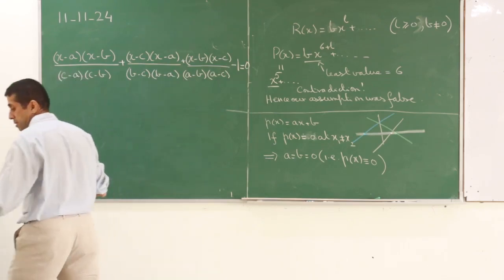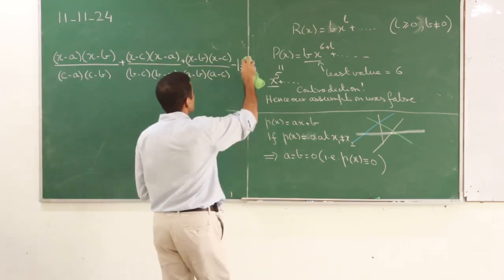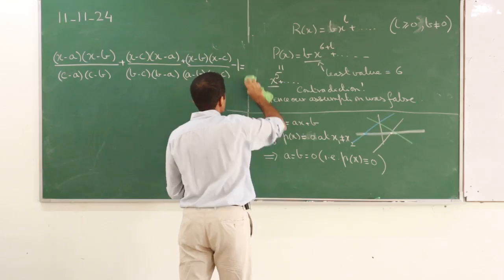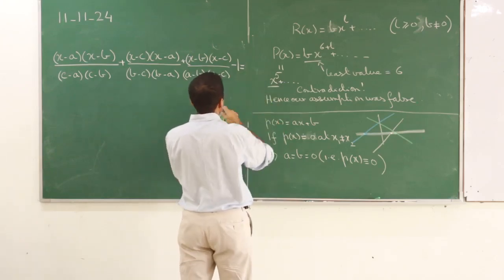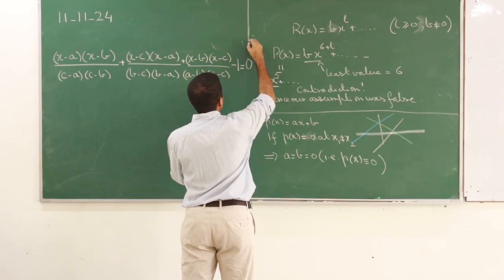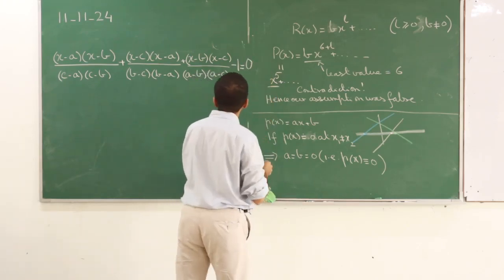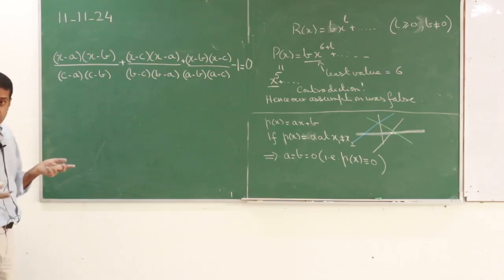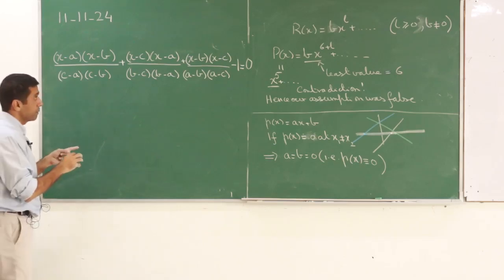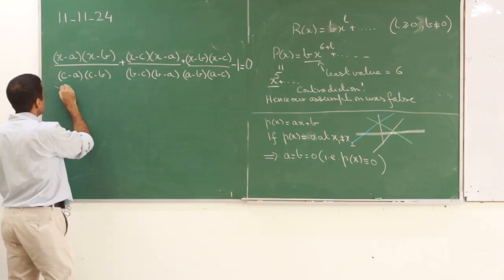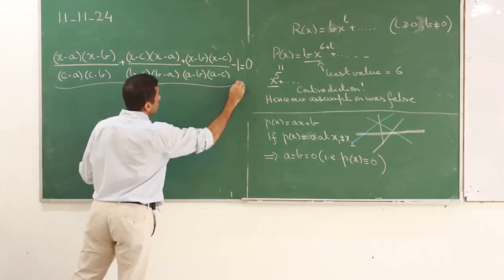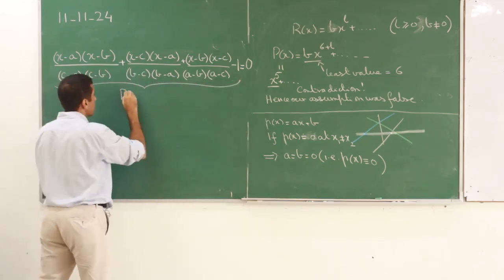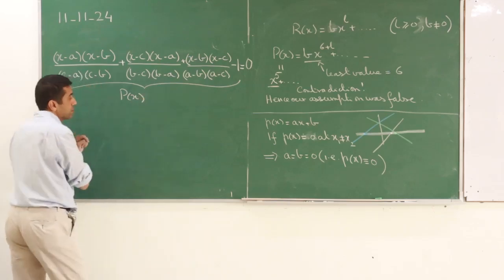So maybe this is unclear, but let's look at this. This is what we are trying to prove. Okay? So we are trying to prove that this polynomial is identically equal to 0. Now please note, this is a polynomial, the polynomial p of x.